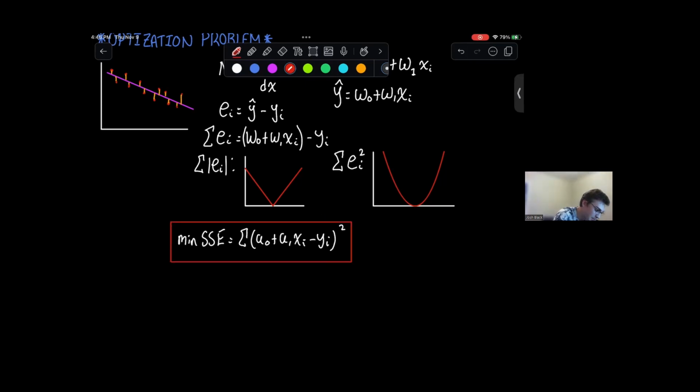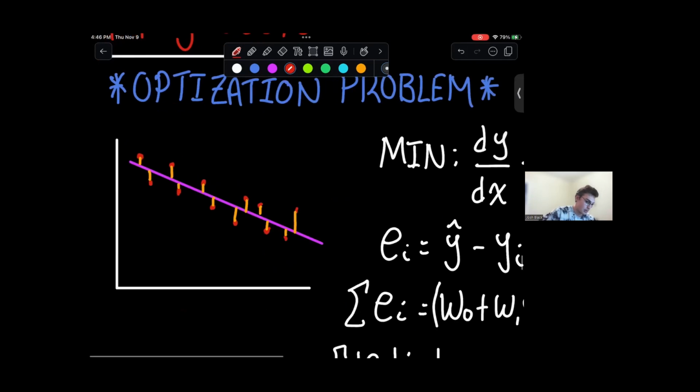In order to minimize this, we are never going to take the derivative with respect to our x or our y, because we know those. We're given a set of data, which is a set of points. We have the y of all of our points and the x of all of our points.